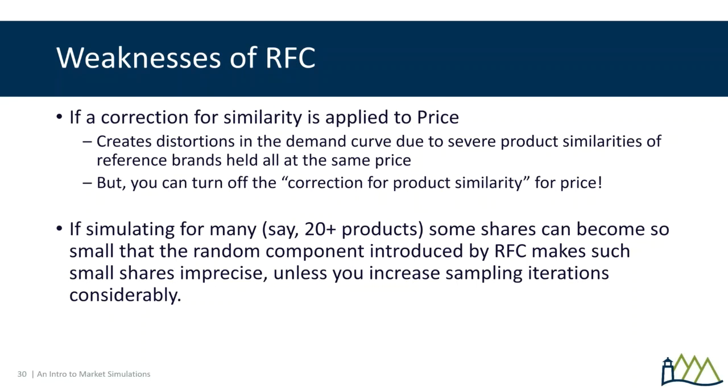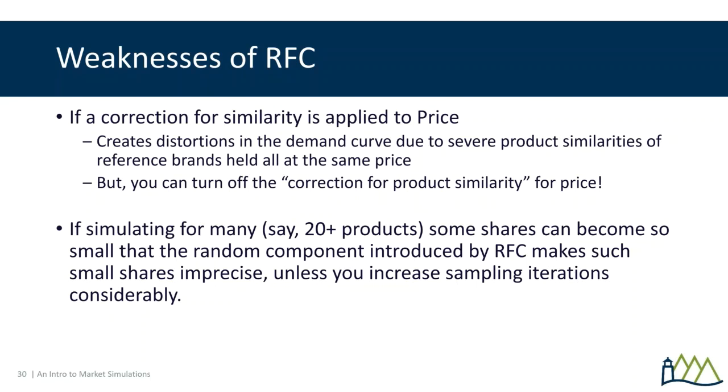Another one of the weaknesses in randomized first choice is that if you're simulating, say, just a product versus the none, or two products in competition, or many products, it doesn't always make sense. For the low end, if you're choosing two products against each other or a product against the none, there's not really a lot of product similarity that you need to correct for.